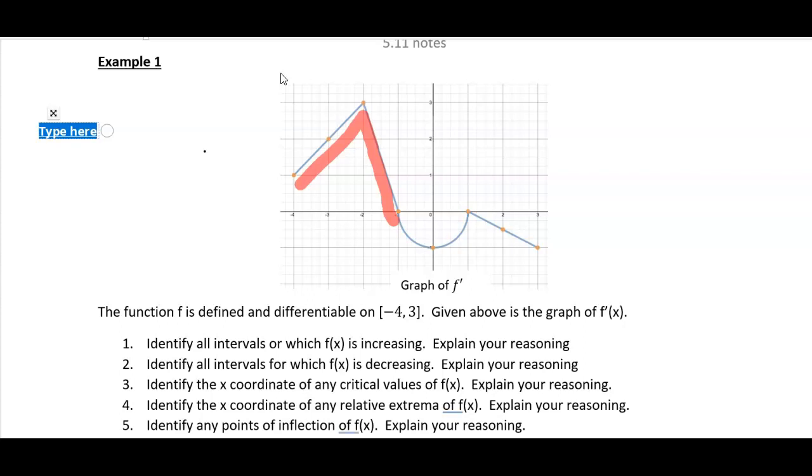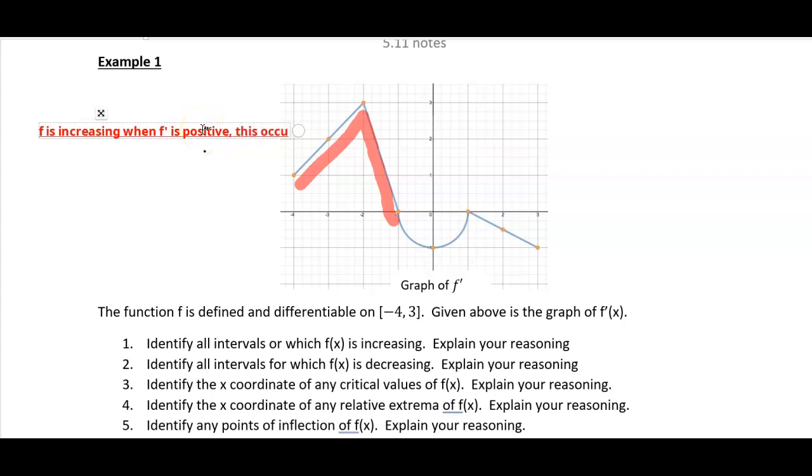So we would say f is increasing when f prime is positive. Now, the next part you don't really have to say, so I'll just speak it, but I'm not going to write it. F prime is positive when it's above the x-axis, but you don't need to write that, okay?